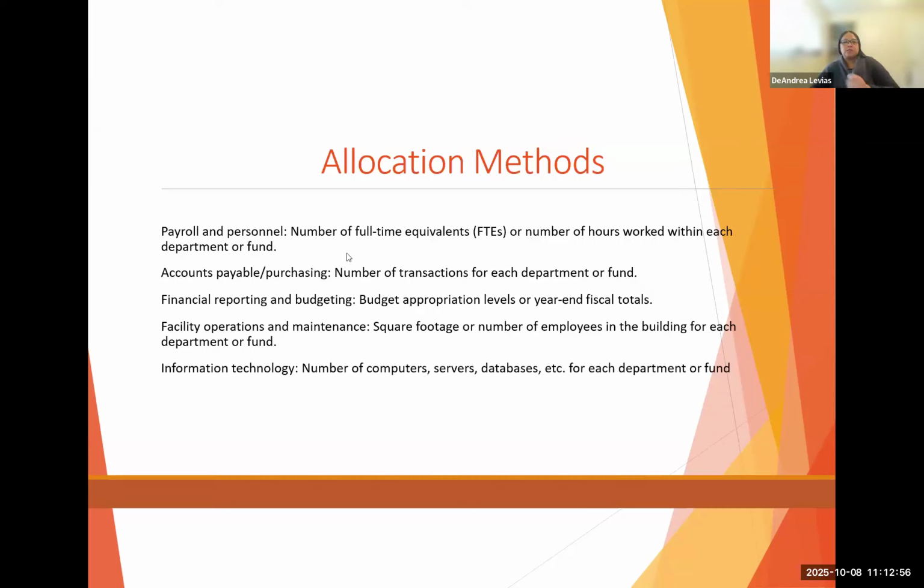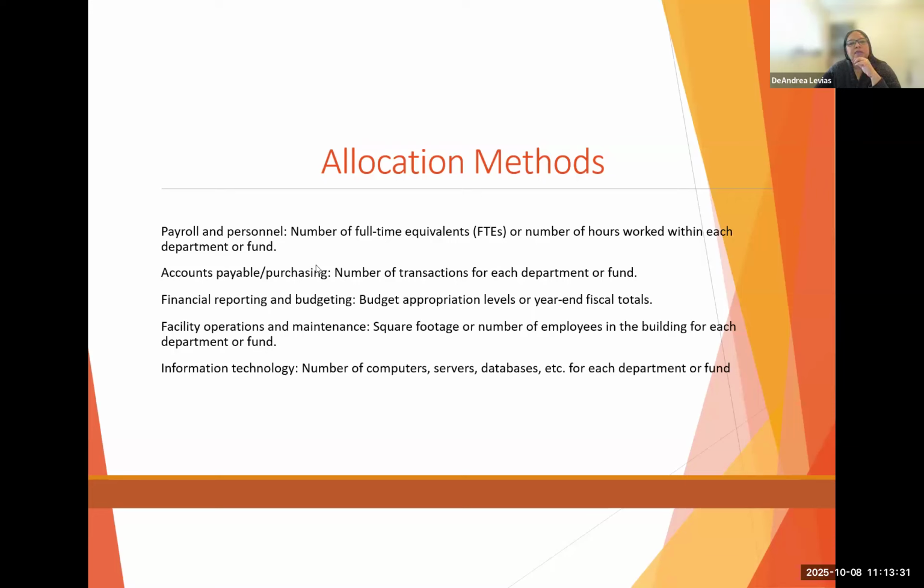For payroll, you can allocate expenses based on FTEs. Let's go with office space, because you could do this a couple of ways. Office space, you could do based on the number of programs that you have. If you have 3 programs plus admin costs, then maybe rent would be split 4 ways.